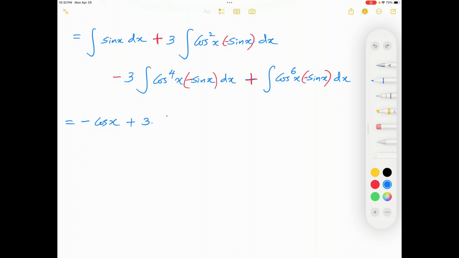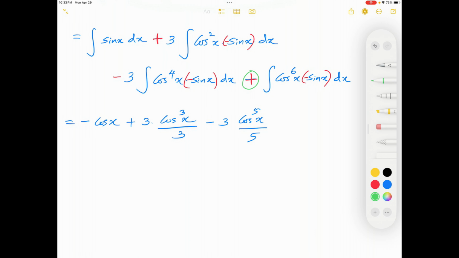It will be equal to cosine third power x over 3. And then I have a negative 3 right here outside. So let me write down that negative 3, and then I need to integrate cosine fourth power x times negative sine x dx, which will be equal to cosine fifth power x over 5.